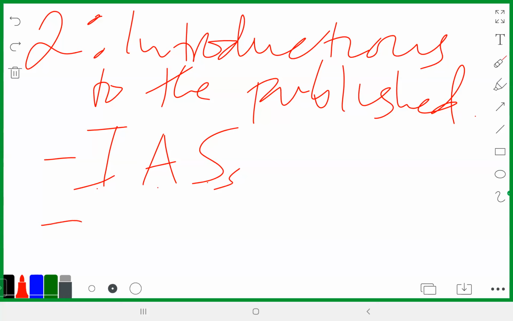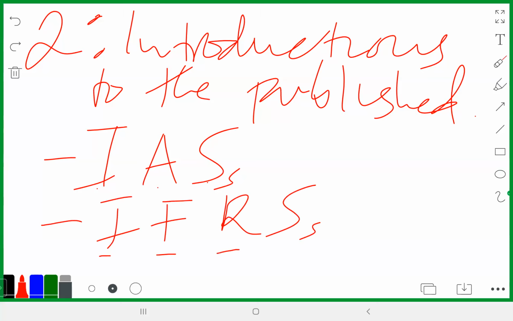At the same time, we introduce you to the international financial reporting standards. International financial reporting standards are introduced in this chapter. During this same time, we show you the standards that are accepted worldwide, or internationally, on how we should be reporting financial information as accountants.